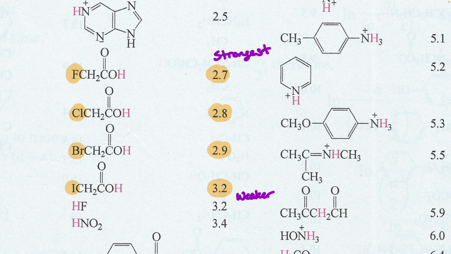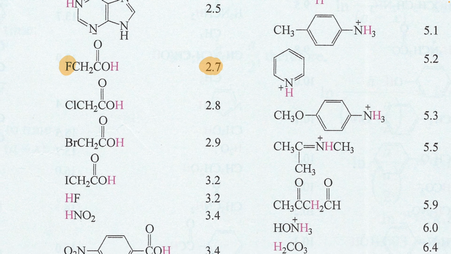They're stabilizing these acids through what? Induction, right? And remember, induction's all about electronegativity. So our most electronegative one is the best at stabilizing through induction. Iodine is less electronegative, so it's not as good at stabilizing through induction. Okay, anyways, just kind of poking around on this pKa table is pretty interesting.